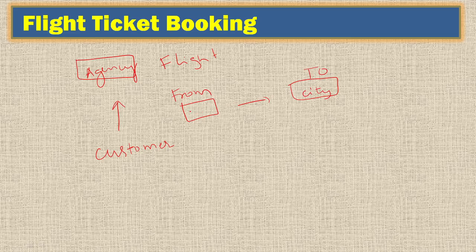When you want to travel, naturally you need a schedule. Therefore each flight should be scheduled: what is the date, what is the start time, from city, to city, and the price, what is the ticket price.